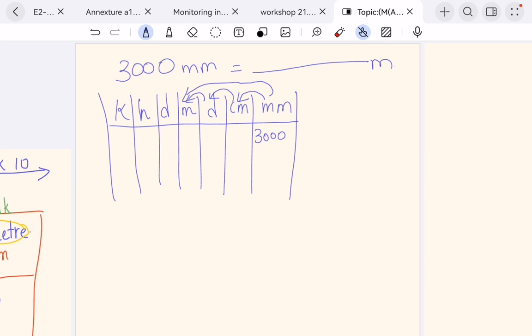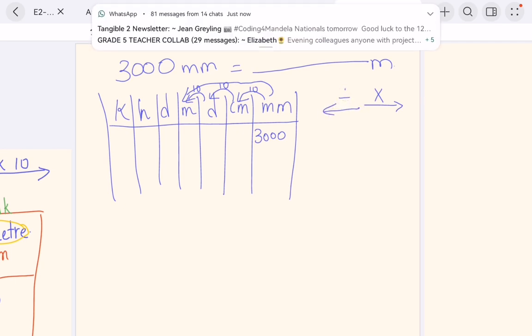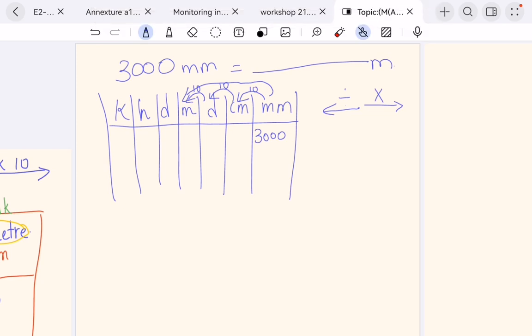And remember, we said that each of these jumps is equal to 10 units. Since last time we said that if you are moving to the right you multiply, then moving to the left, you are going to divide.